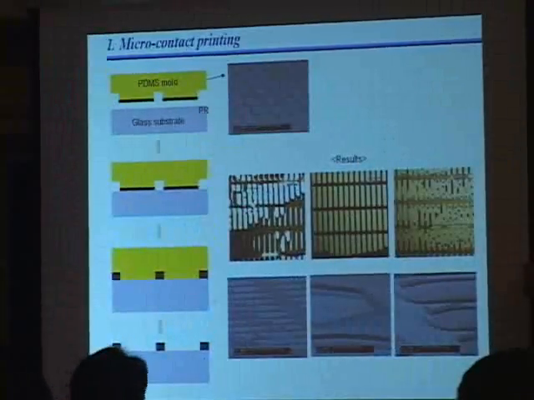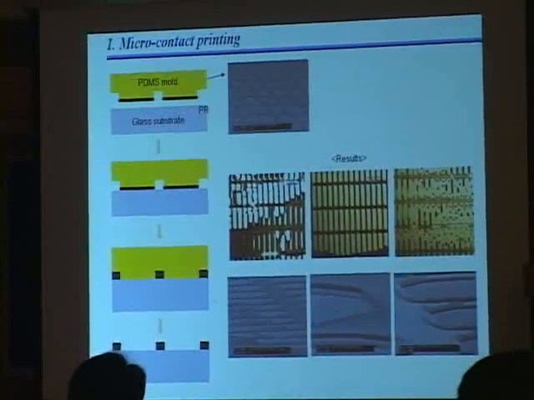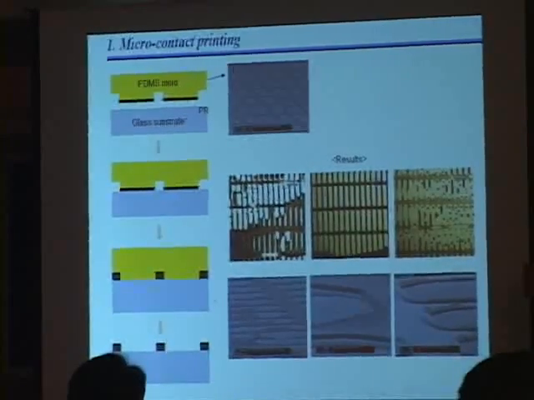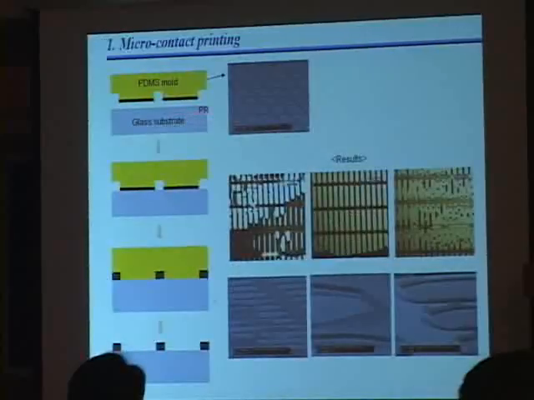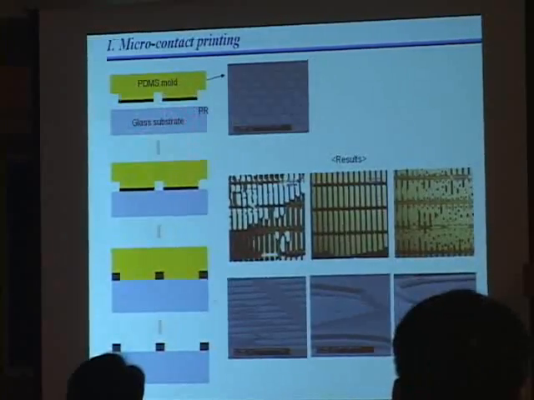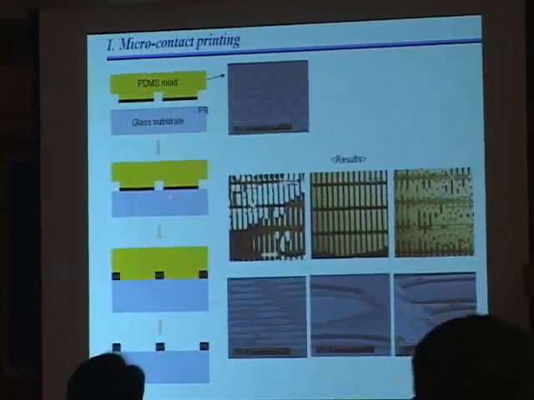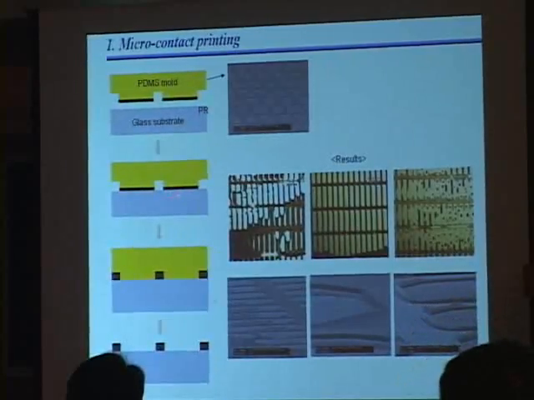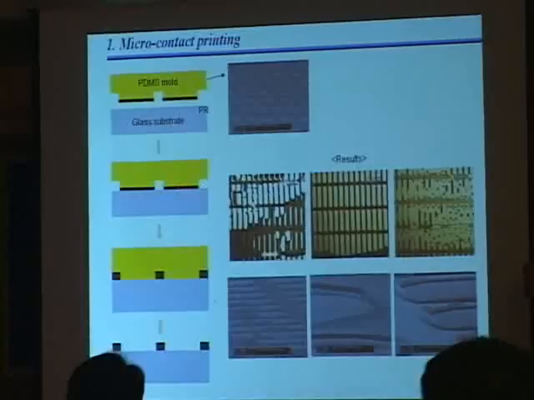We first tried microcontact printing using a PDMS mold. We expected that this layer would be directly transferred to the glass substrate, but it was not directly transferred.